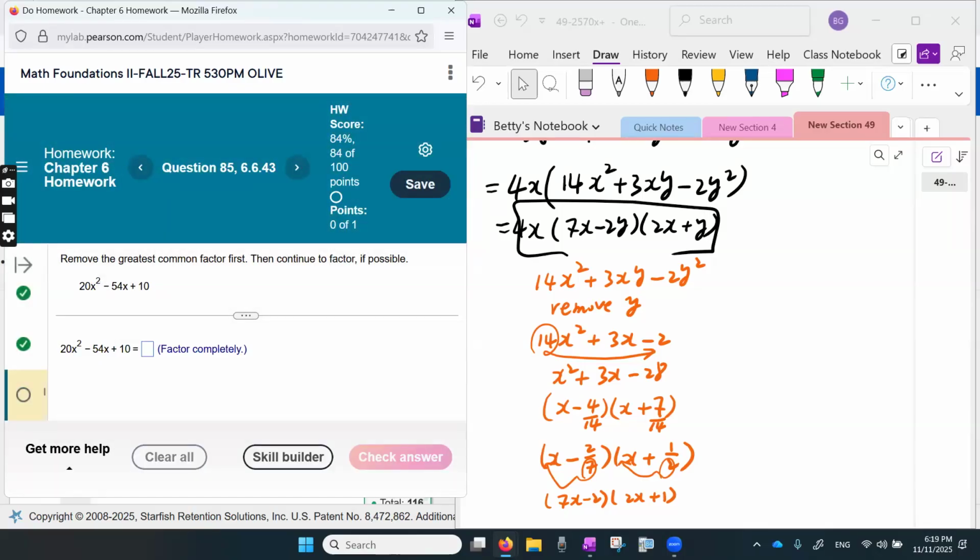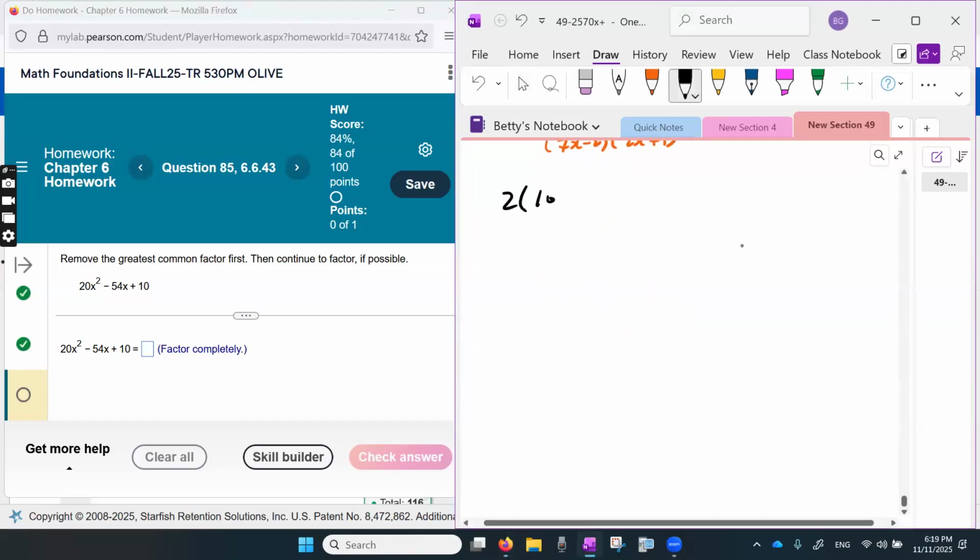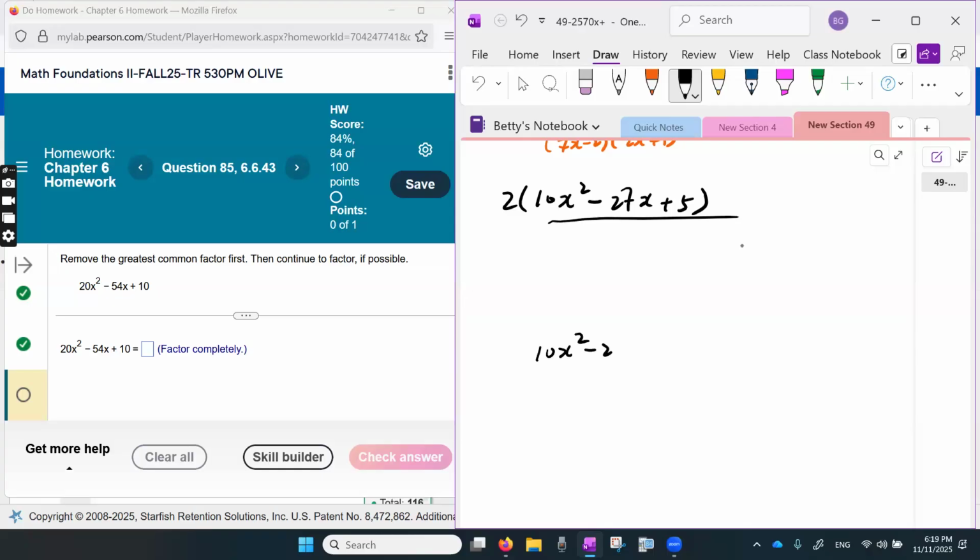All right, continue factoring. GCF is 2, factor 2 out. 10x squared minus 27x plus 5. Double check: 20x squared minus 54x plus 10. Okay, and this one, we're going to use the slide divide slide method. 10x squared minus 27x plus 5.